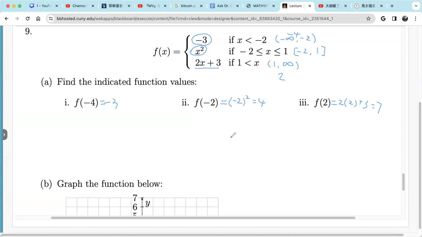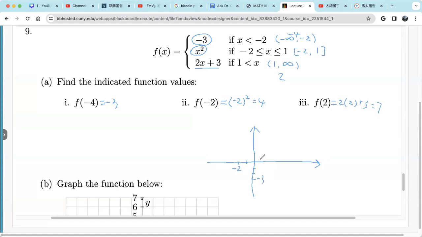So when we graph this, we also graph with 3 pieces. First, x less than -2. So let's see, this is -1, -2. From -2 down to -infinity, that's -3. This is 1, 2, 3.